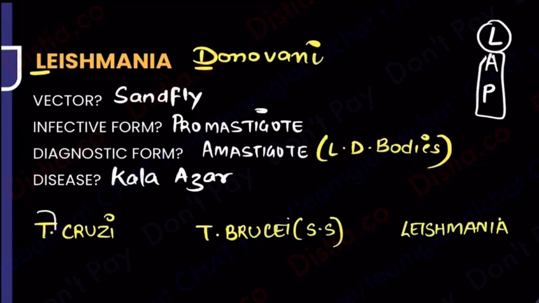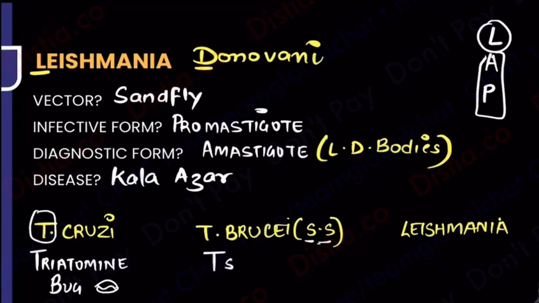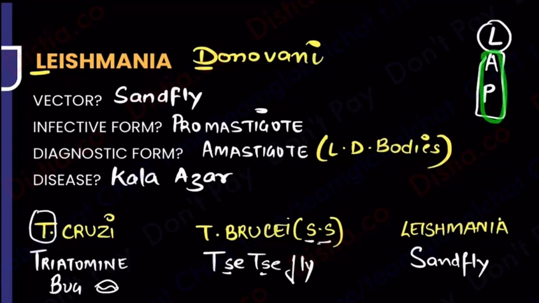For Trypanosoma cruzi, you said cruzi, kissing, so kissing bug. Triatomine reduviid bug is how you had learnt it. Trypanosoma brucei, sleeping sickness, so tsetse fly is how we had learnt it. And now the only one that is left is sand fly, and that is going to be in Leishmania, Kala Azar. Simple.